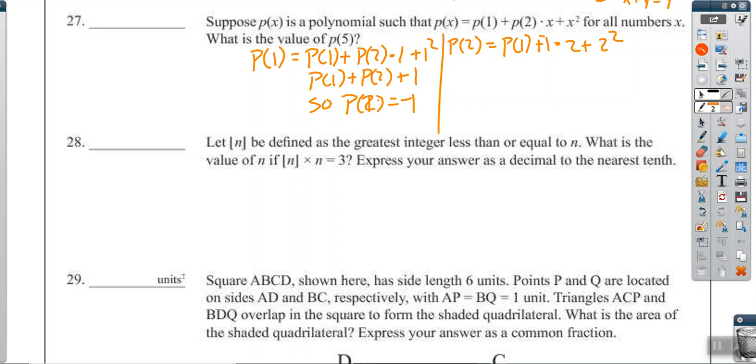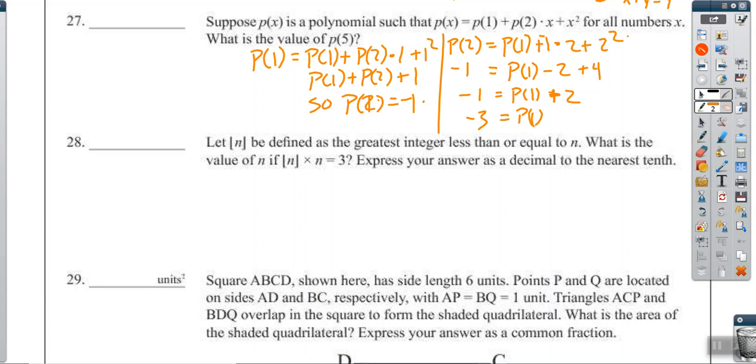All right, so we have p of 1 minus, well, -1 times 2 is -2, plus 4. But wait a second, we know that p of 2 is -1, right? We found that over here. So we have p of 1 plus 2 is equal to -1. So that means p of 1 has to equal -3.